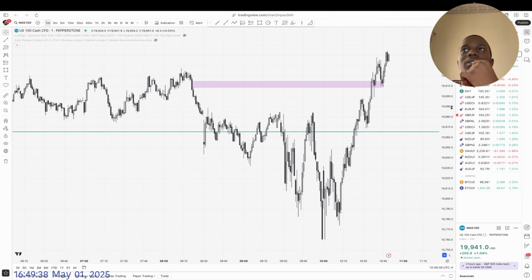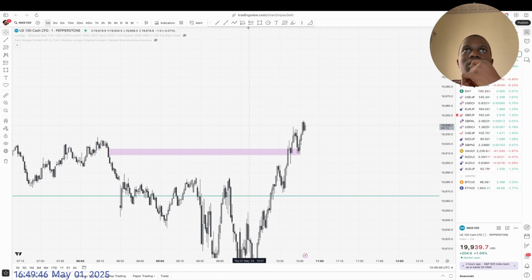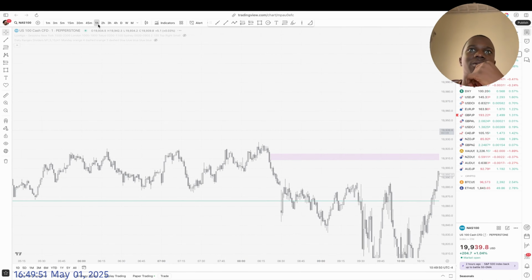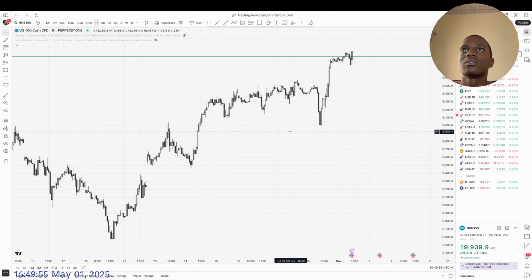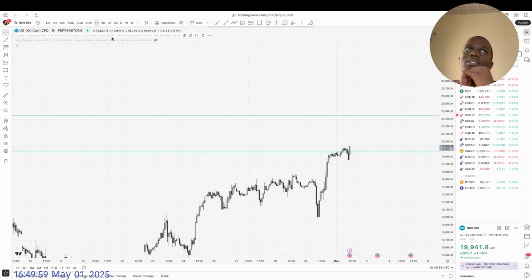So you can see this right here, inverse fair value gap on the 1 minute, broke, retested, and maybe if you look for a buy entry. The only confusion would be until what level will this move stop at?